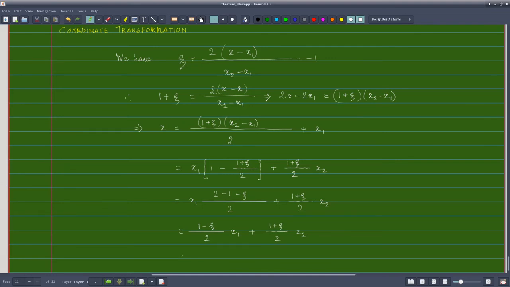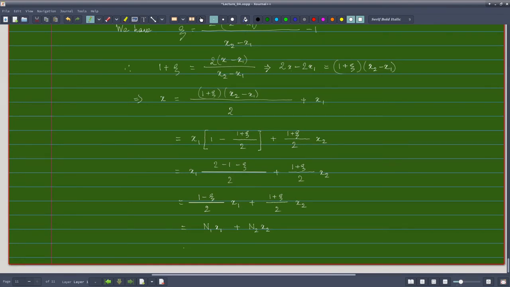It is N1, right? N1 x1 plus 1 plus xi by 2 is N2, so N2 x2. Or in other words, I can write it as N transpose into x1 and x2. This is my x.